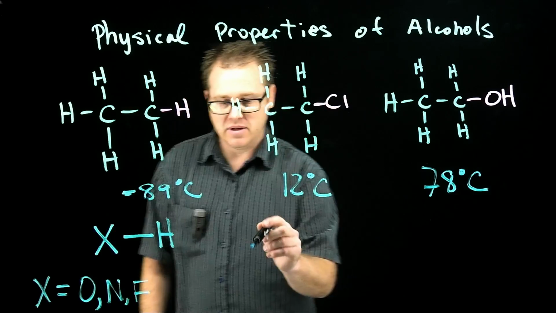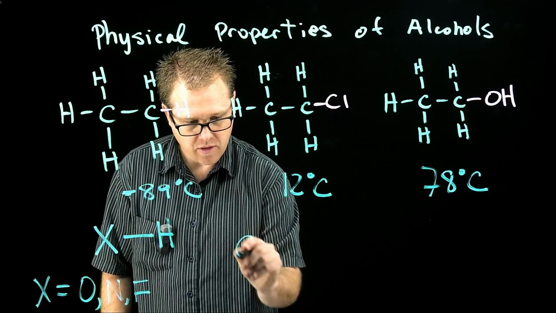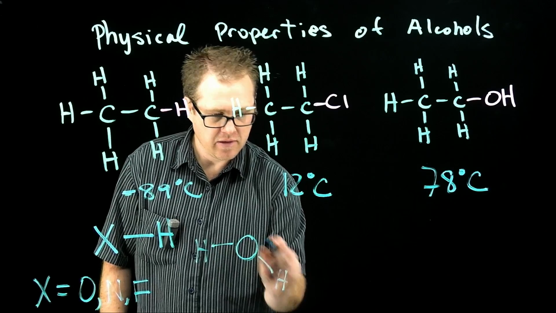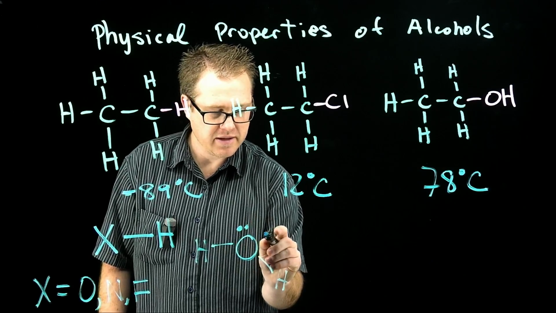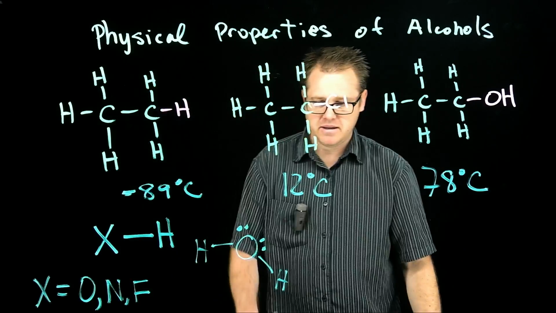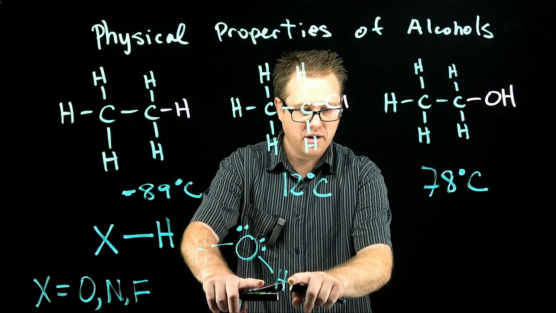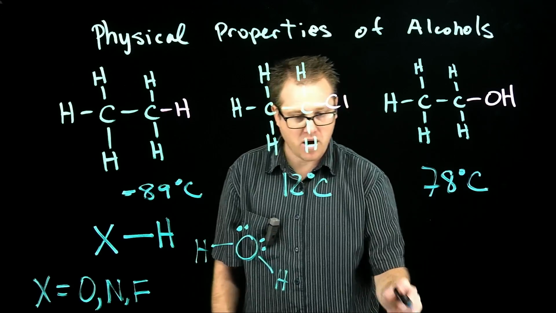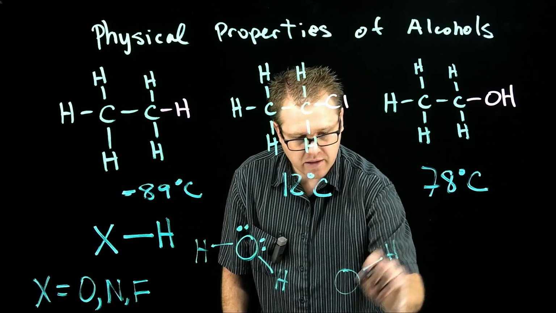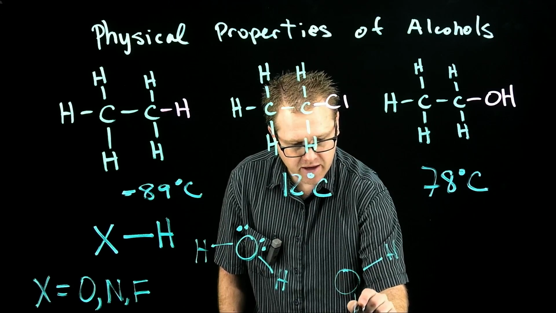So for example, if we had water, we would have a bent molecule. We'd have some lone pairs here. What can happen is this hydrogen right here can hydrogen bond with another water molecule like this. And I'm going to cut off that hydrogen.